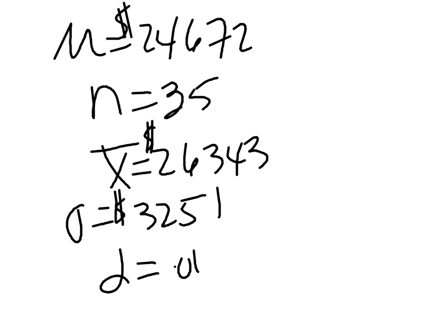We have the average cost of rehab at $24,672. To see if the average cost of rehab is different at a particular hospital, a researcher selects a random sample of 35 stroke victims. Notice they don't say the researcher believes the cost is more than $24,672 or less than $24,672.